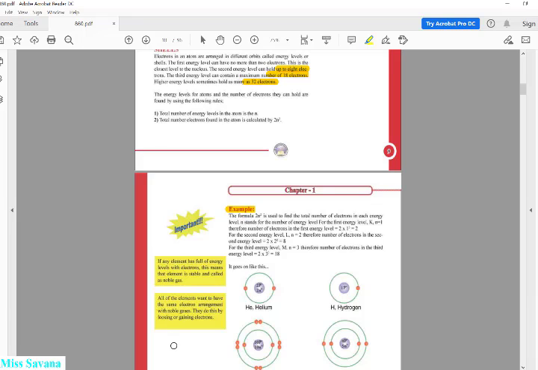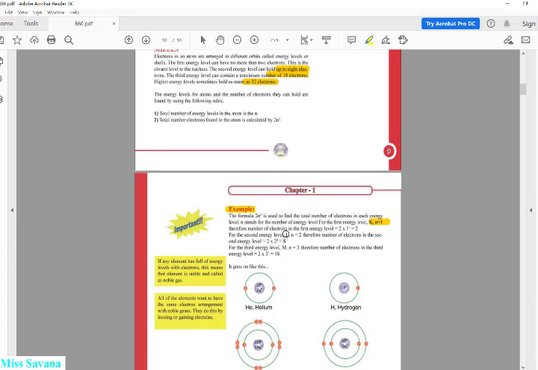n stands for the number of the energy level; for the first energy level, which is K, n equals 1. Therefore, the number of electrons in the first energy level: إذا أريد أطلع عدد الإلكترونات لأول مستوى طاقة, I multiply 2 n to the power of 2, which is going to be equal to 2.